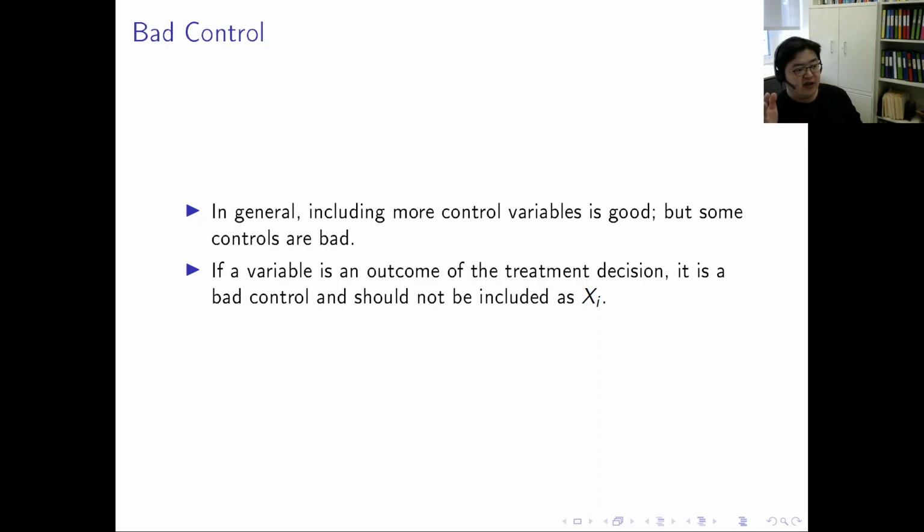And in the second video, we studied what happens if you do not include them, and also from the example we learned including some variables still can help, right? So in general, I recommend you to include more control variables as long as they are relevant.